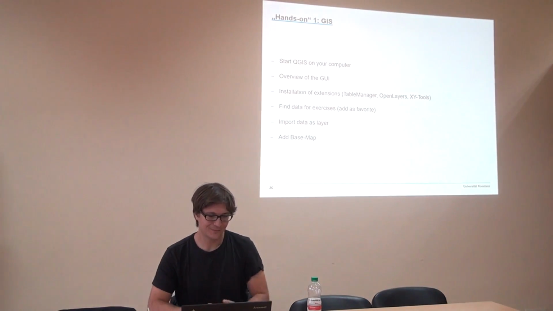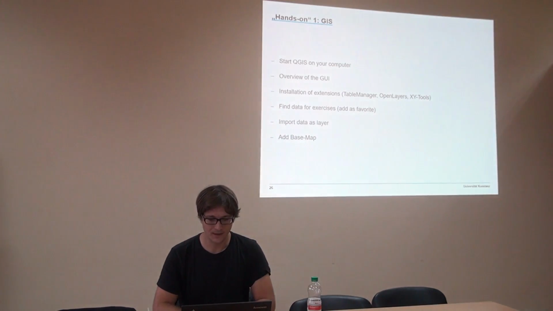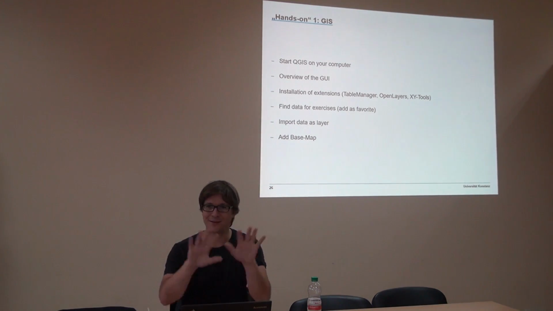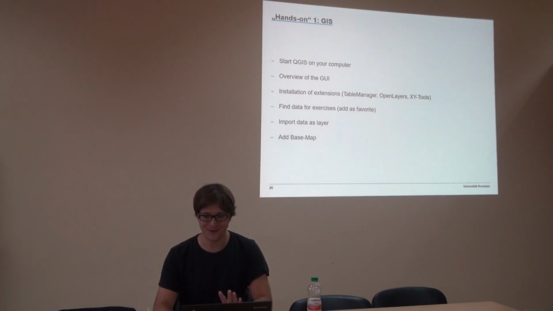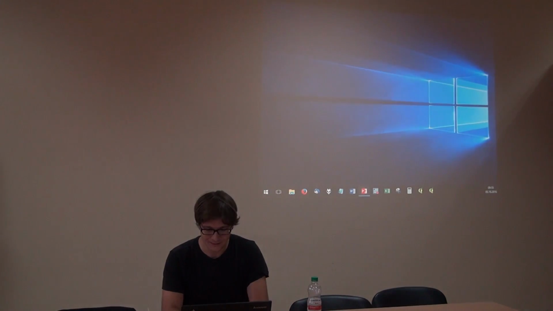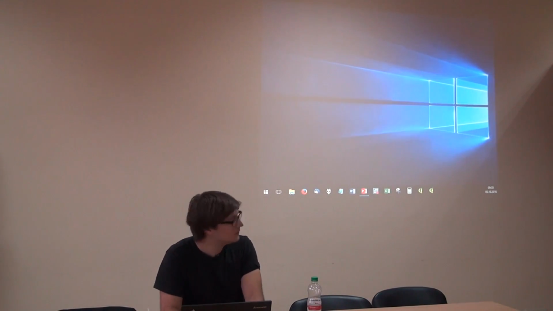Then we find the data for the exercises. We add it as a favorite, and then we import the data and add a base map. And then we have a nice map in our computer. All right, I will show you this. Okay, now you can't see it, right?